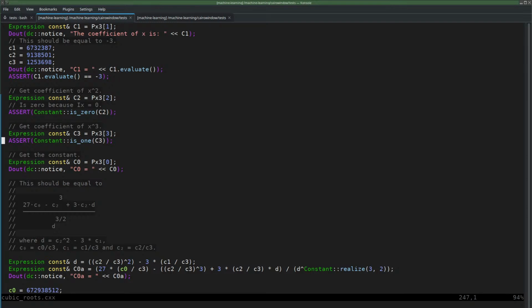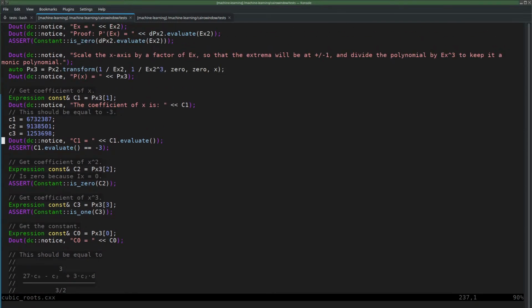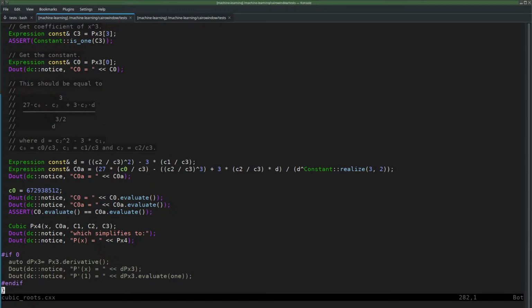And C3 is 1, so I might as well pass 1. And C1 is a complex, and I should have passed -3. So this is 0, this is 1, and this is -3, which never will work. Let's just make it again, if I don't already have it.